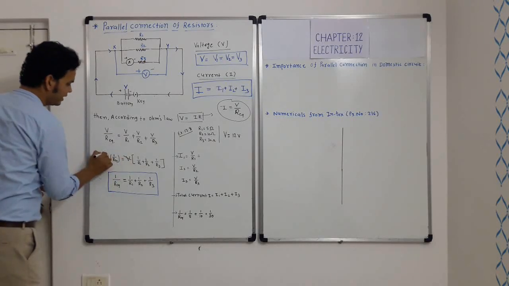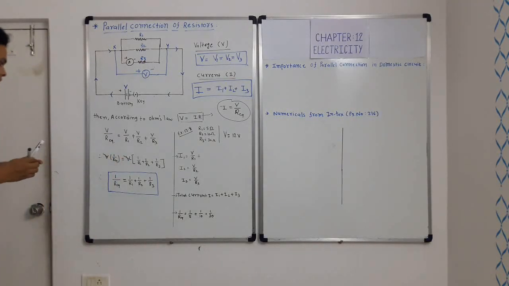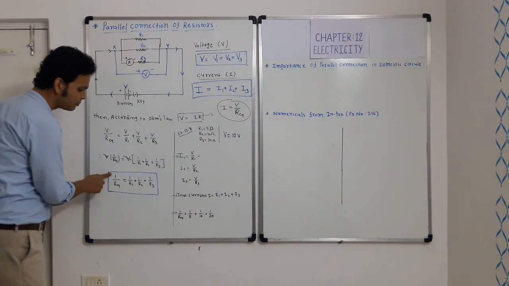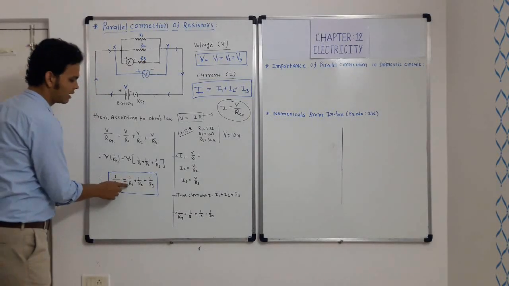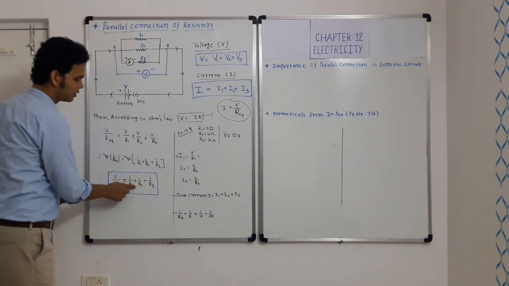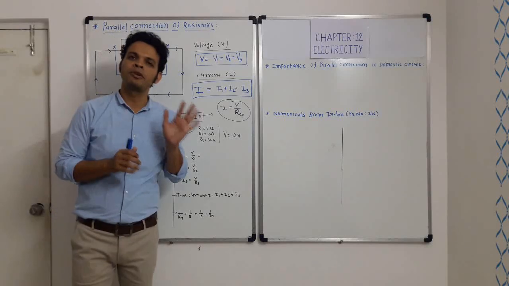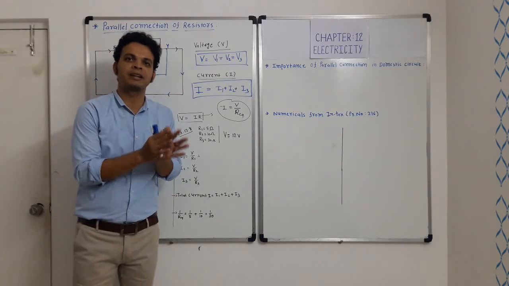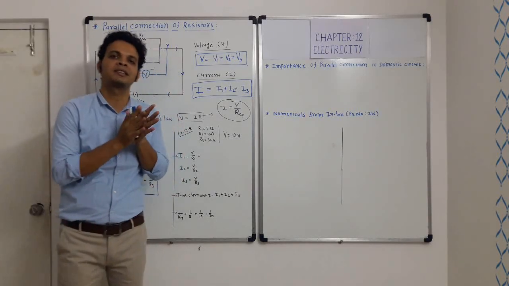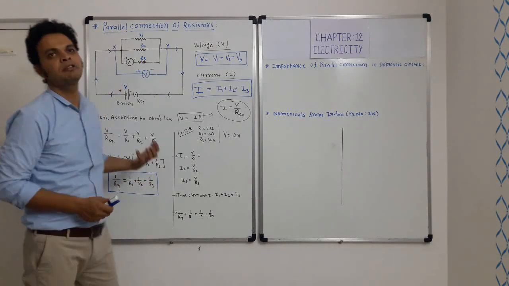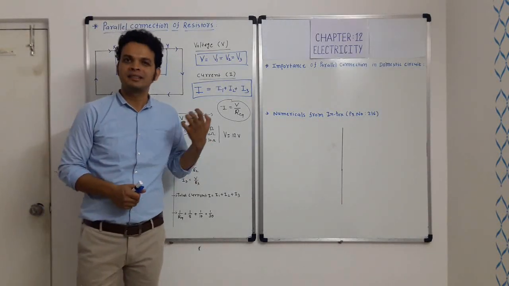And on both sides I can cancel V. So the final formula of equivalent resistance is 1 upon R equivalent is 1 upon R1 plus 1 upon R2 plus 1 upon R3. This is our formula for the net total equivalent resistor, and this is somewhat different from what we derived in series connection.